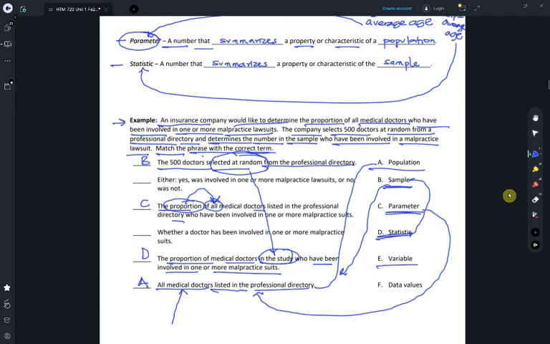What is that variable that is being investigated? That would be whether a doctor has been involved in one or more malpractice suits. Then finally, from each of these doctors who have been surveyed in the sample, what would we get from them? It's going to be either yes or no. These are the data values.